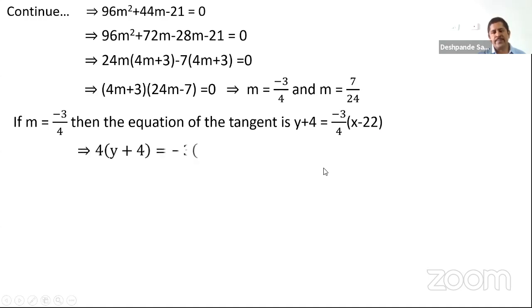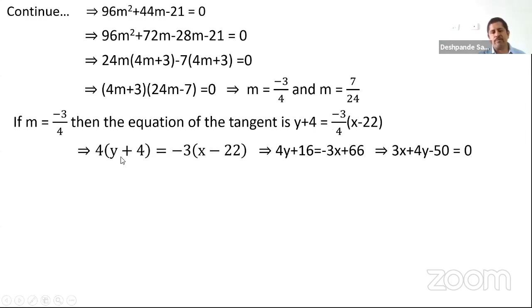So cross multiply: 4 into y plus 4 is equal to minus 3 into x minus 22. So you get 4y plus 16 is equal to minus 3x plus 66. Minus 3x comes to the other side, you get 3x plus 4y minus 50 is equal to 0. So one of the tangents is given like this.